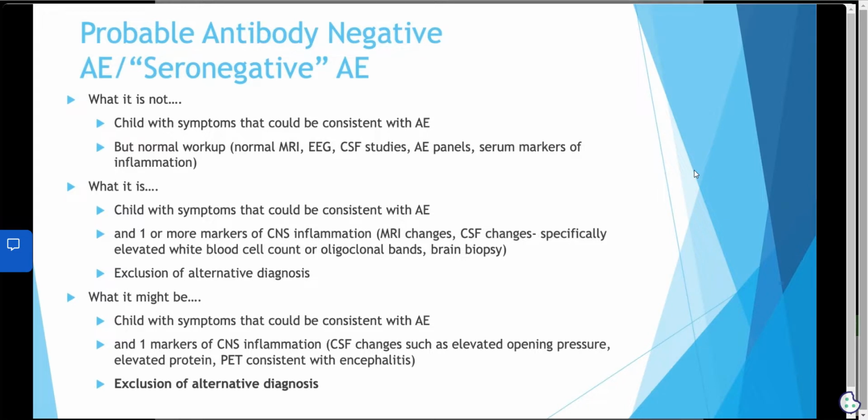So these may be children who have an elevated opening pressure on their lumbar puncture or an elevated protein in their CSF, or children who have PET scan changes that could be consistent with autoimmune encephalitis, but we don't have enough data to really be confident about that diagnosis. And in these situations, that box of excluding the alternate diagnosis gets really big, because we really have to be thoughtful that we're excluding all of these other conditions that could mimic autoimmune encephalitis, referring to Dr. Gorman's talk again here.